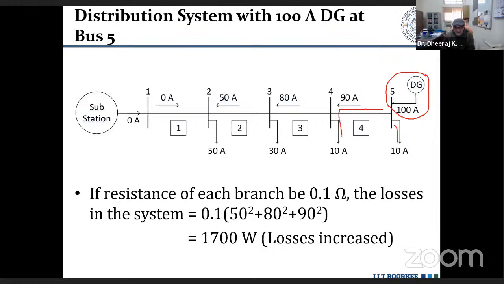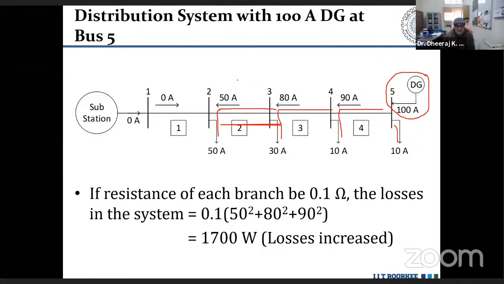Now 10 will go here and the remaining 80 will flow here. Now 30 will go here and the remaining 50 will flow through branch number 2, and this will supply the load connected at bus number 2. So now here we have great changes in the current flow through different branches.